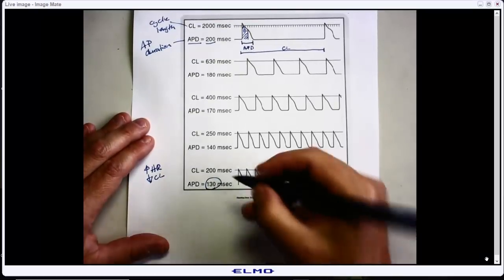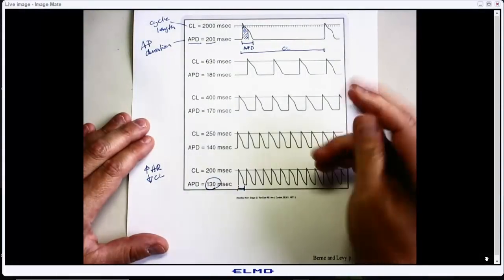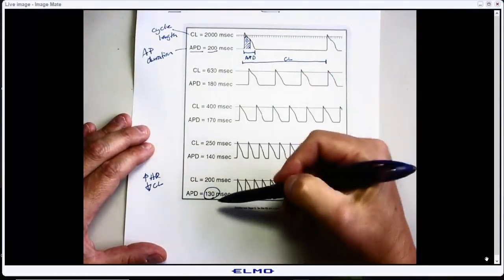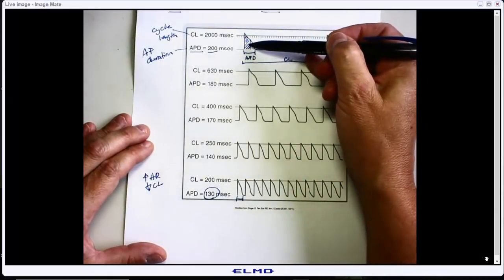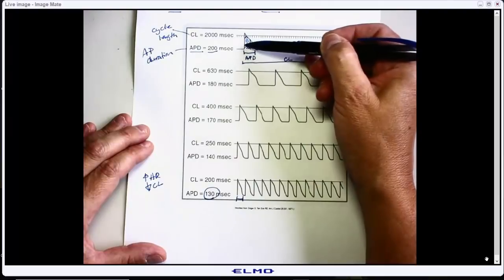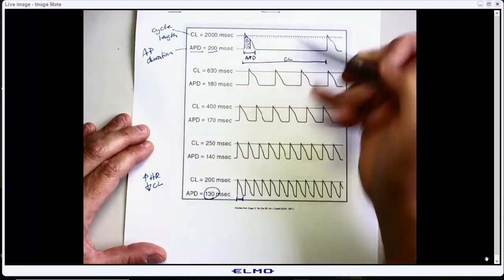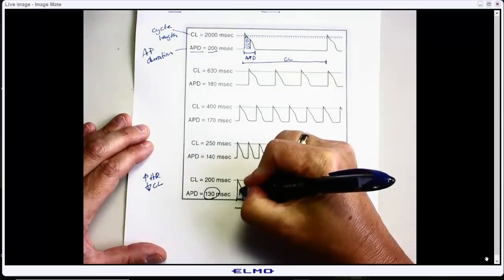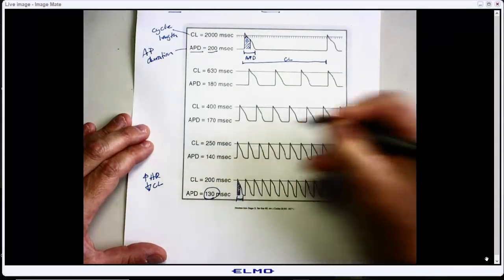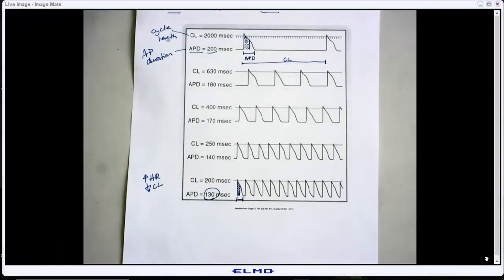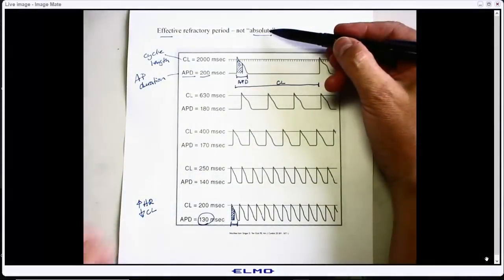Okay, so my action potential duration now is shorter. It used to be 200 milliseconds, now it's 130. So that means that the effective refractory period, the period in which you can't generate another action potential, is now shorter as well. Okay, so this is why they call it an effective refractory period and not absolute, because it's not an absolute period of time.